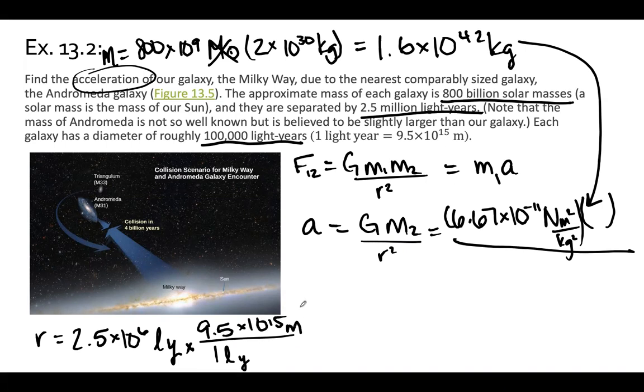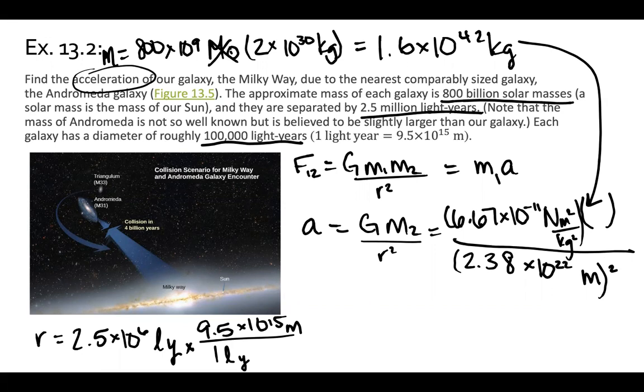So we've got 2.5 times 10 to the 6th times 9.5 times 10 to the 15th, and we get a radius of approximately 2.38 times 10 to the 22 meters. And again, we're going to square that. So let's go ahead and do that.